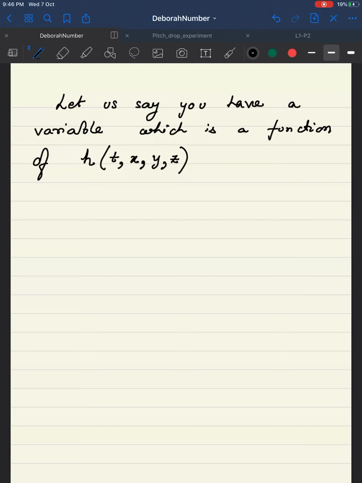Okay. If you have a situation like this, then if I have to take my derivative of h with respect to time, how do I calculate that?